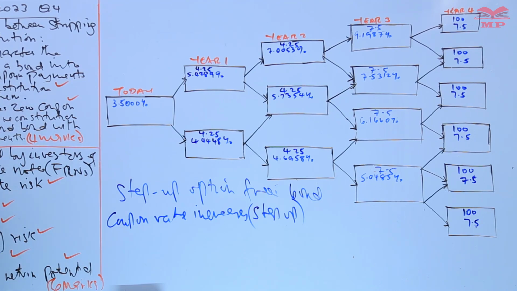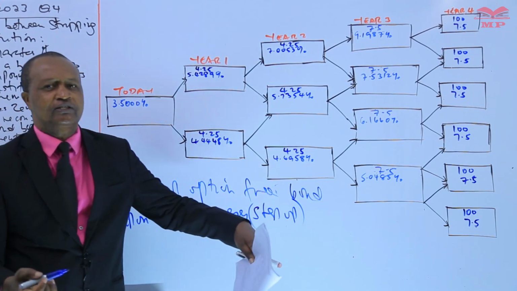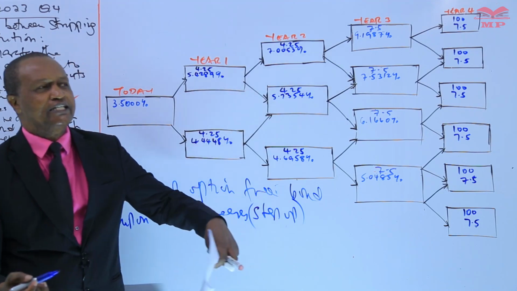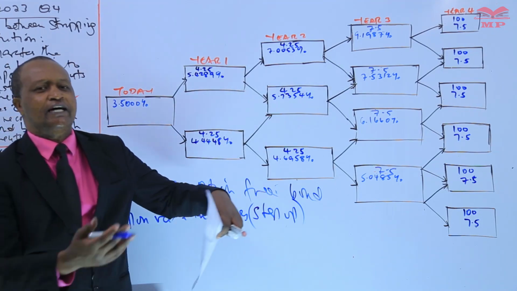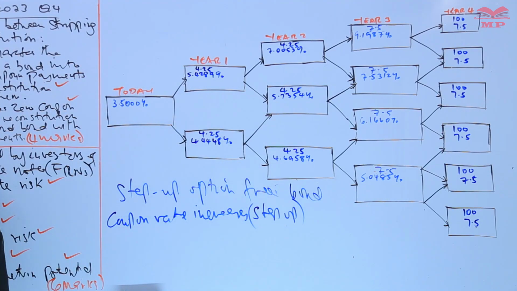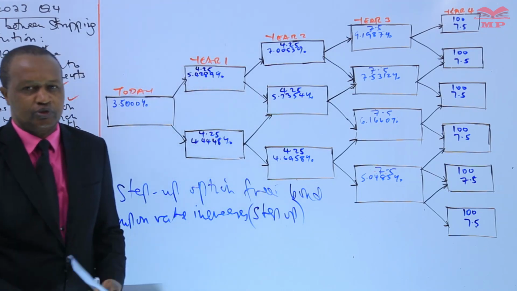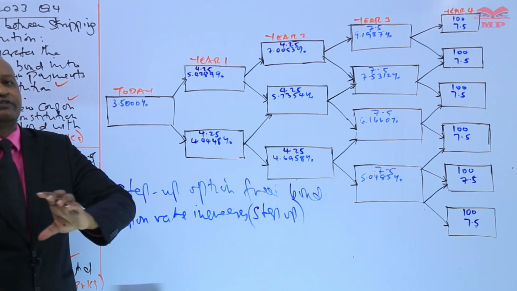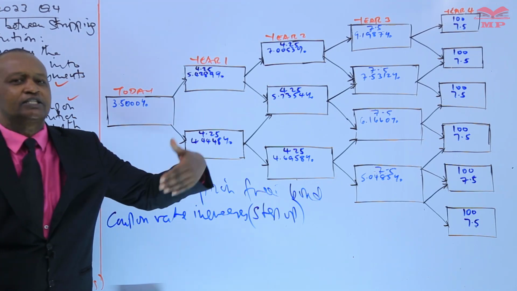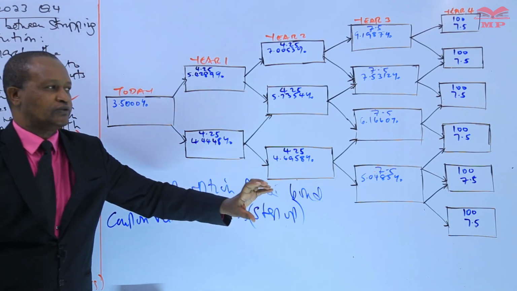It is a type of fixed income security that offers an initial interest rate that increases at predetermined intervals throughout the life of the bond. And such a feature, candidates, is designed to make a bond more attractive to investors, especially in an environment where interest rates are expected to increase over the life of the bond.